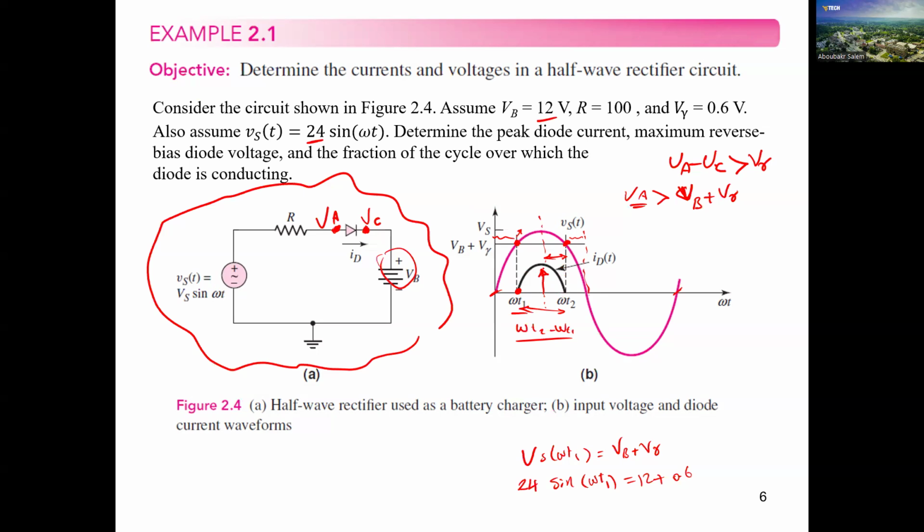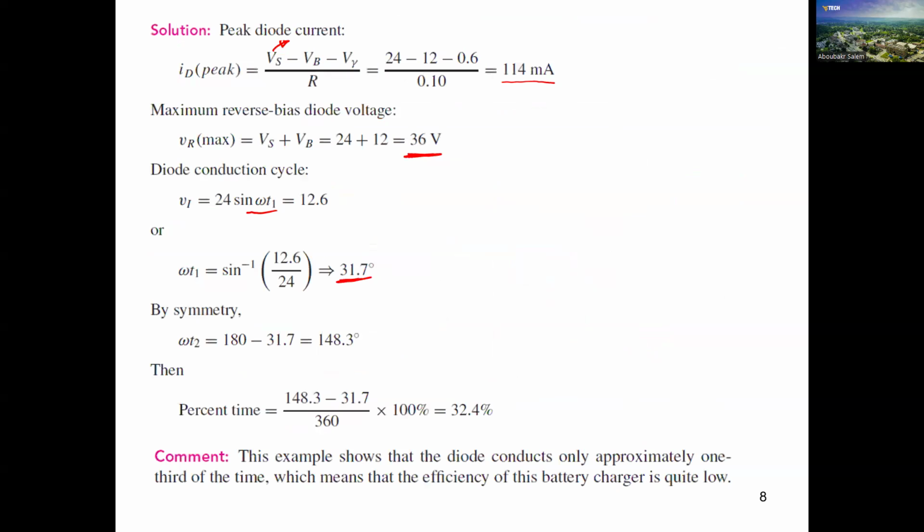Okay, guys. So from here we can calculate omega T2, which equals 180 minus omega T1. So this is omega T2, 148.